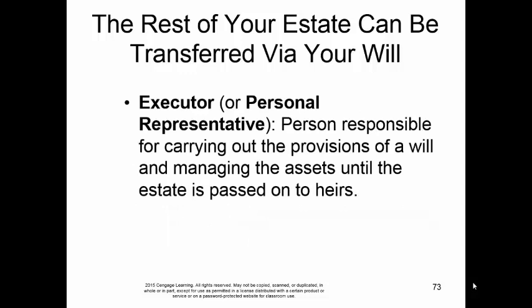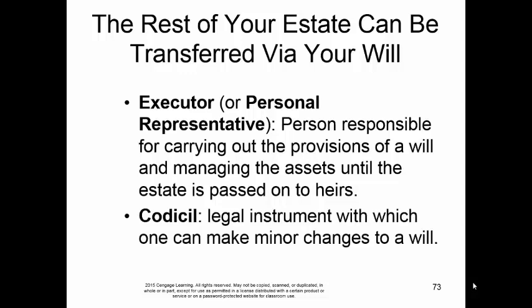Executor is someone that you appoint that's responsible for carrying out your wishes or the provisions of that will, managing the assets until it's passed on to the heirs. Codicil is just a legal instrument with which one can make minor changes to a will.